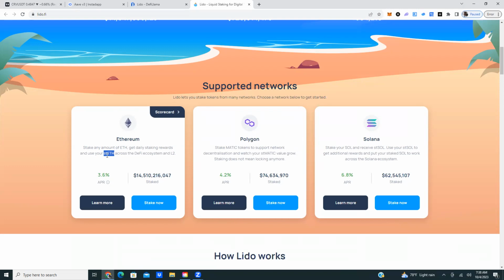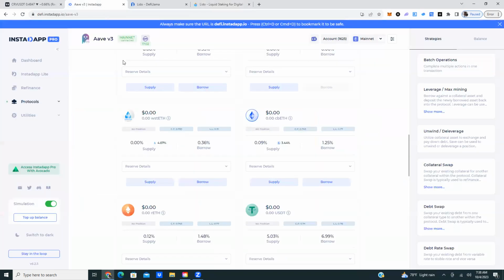You can take that staked Ethereum to Instadapp and deposit it for an additional 4.07% interest in staked Ethereum and have the ability to borrow from that staked Ethereum. That's powerful. That's very powerful.